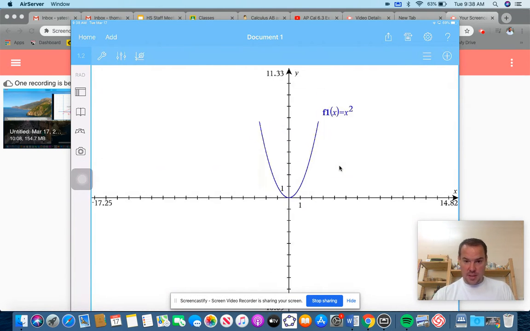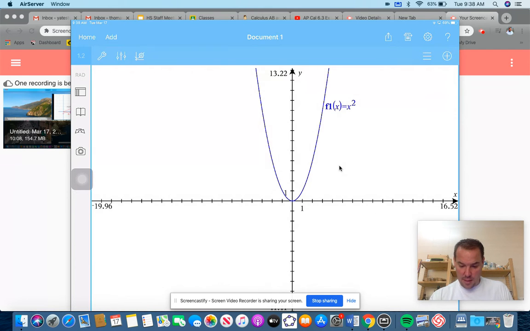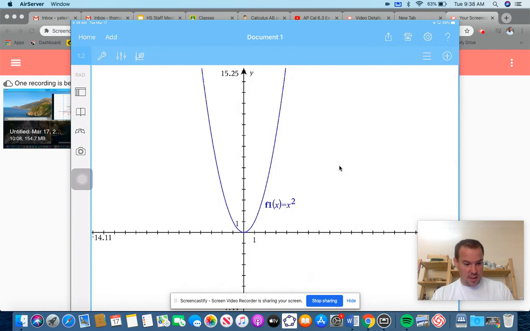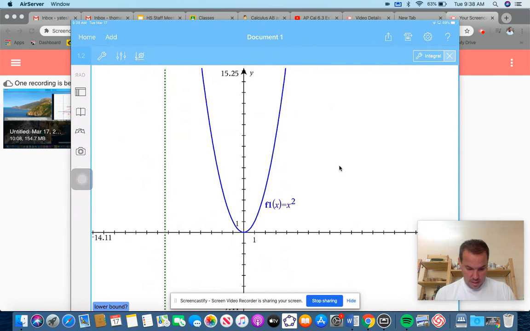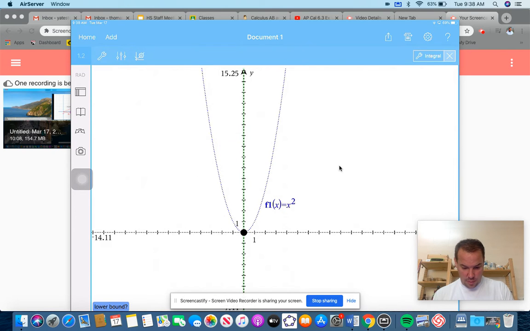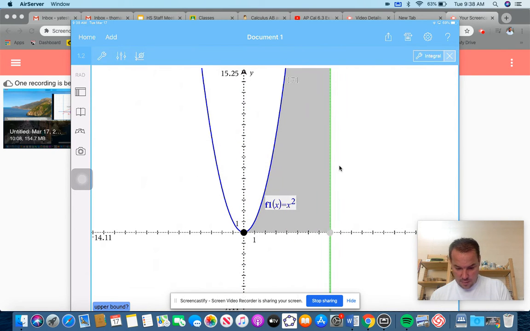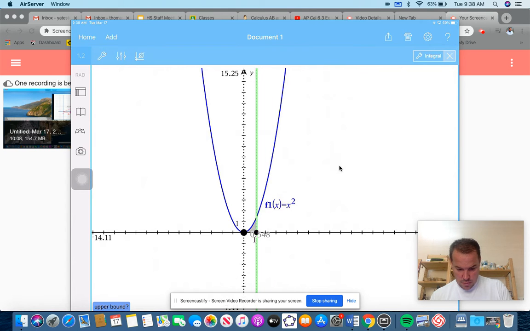It basically can just zoom in, zoom out. Basically, I can show you 0 to 6. I can even go integrate, right? Analyze graph, and I want basically integral. And I can just take my finger and I can put it on 0, and then I can go basically to, where's 6? 1, 2, 3, 4, 5, 6, right?